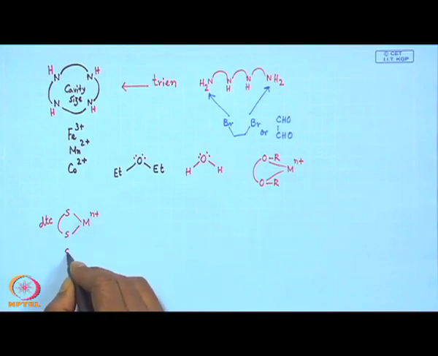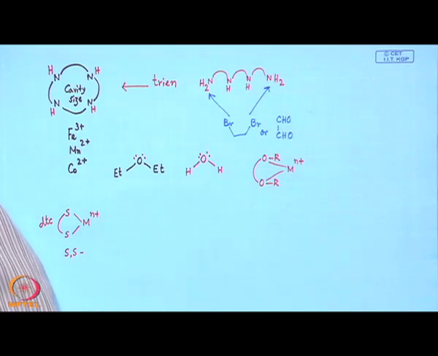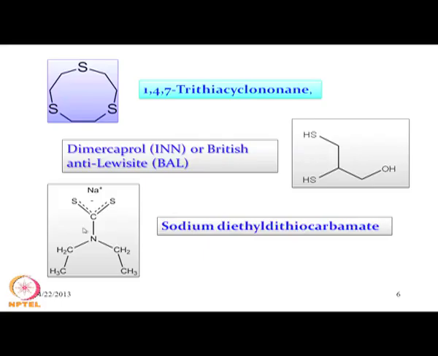So, SS bidentate ligand is our diethyl dithiocarbamate, and this diethyl dithiocarbamate can further be categorized as binding to different metal centers.